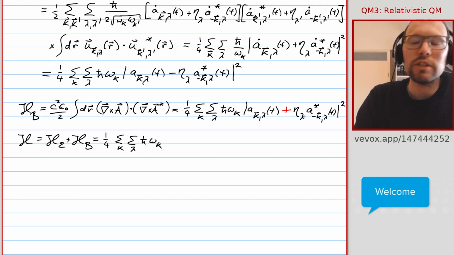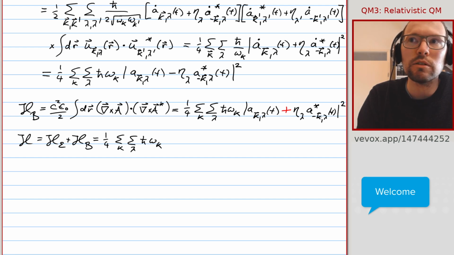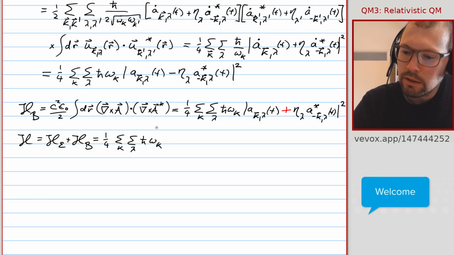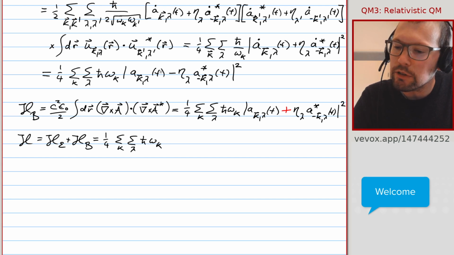So you can easily convince yourself by just working out this multiplication that the cross terms will actually vanish. They will cancel each other. So we're only left with the absolute values of the first terms and of the second terms. Right, and two of them, of course.